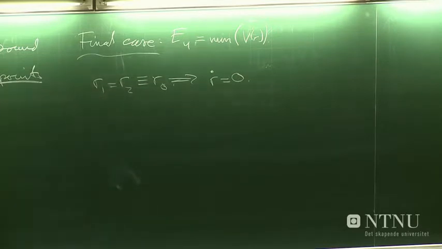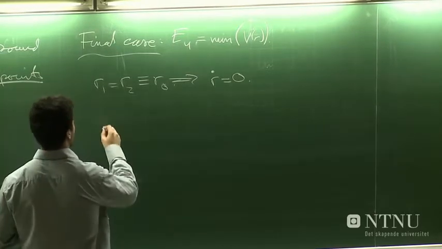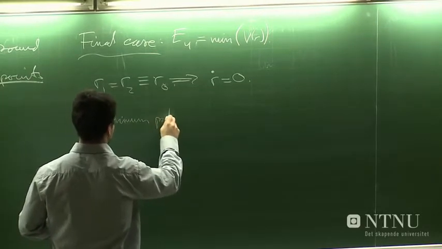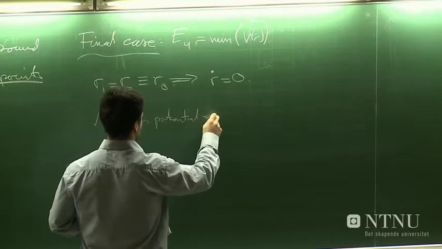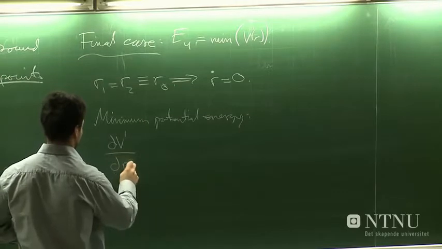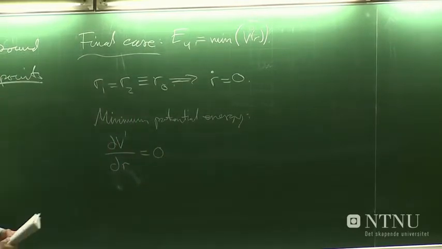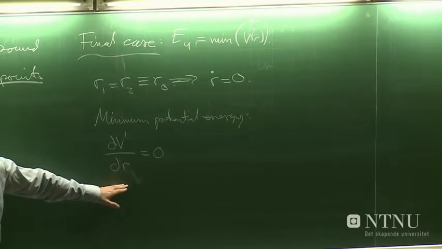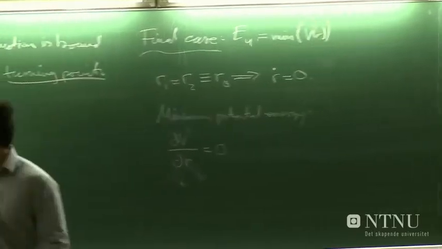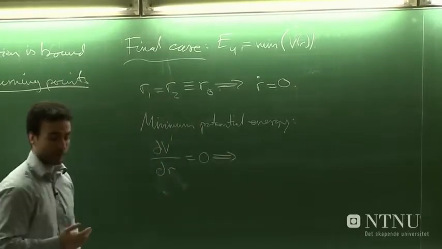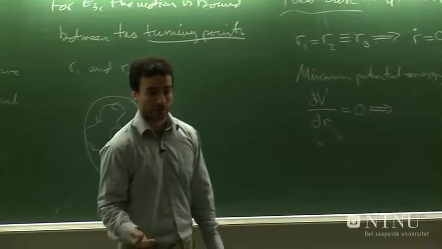If the radius is constant, the time derivative has to be 0. Now we know that this condition has to be satisfied at the minimum of the potential energy. And it would then follow that the associated force has to be 0.